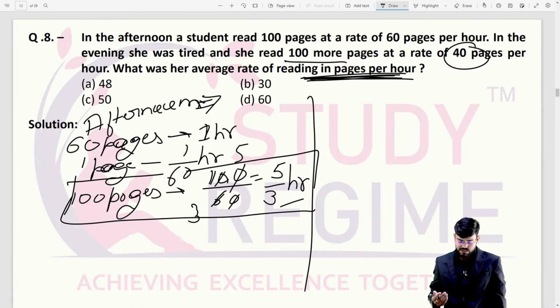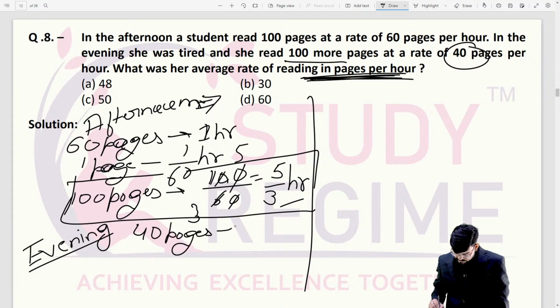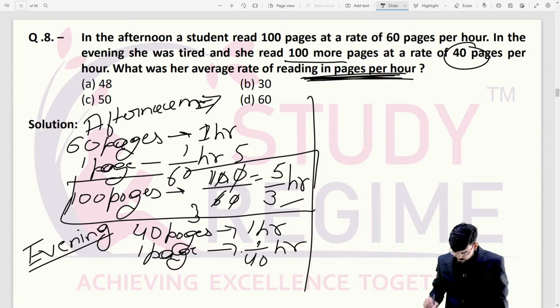But after she was tired, now we'll see in the evening how many pages she is reading. Likewise, she was reading 40 pages in 1 hour. So, she will read 1 page in 1 upon 40 hour.